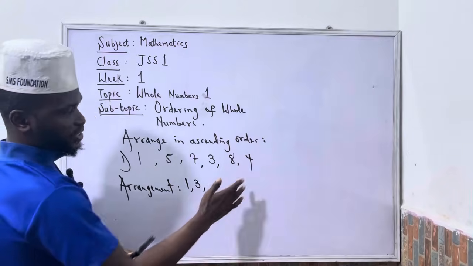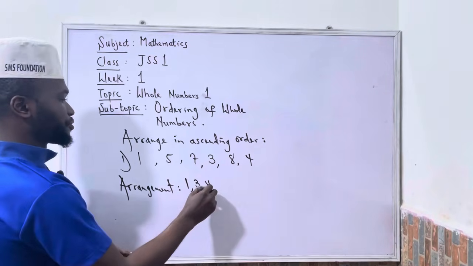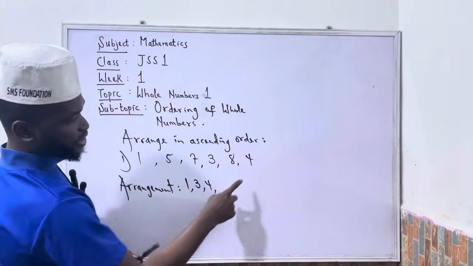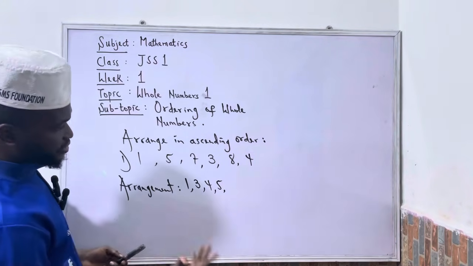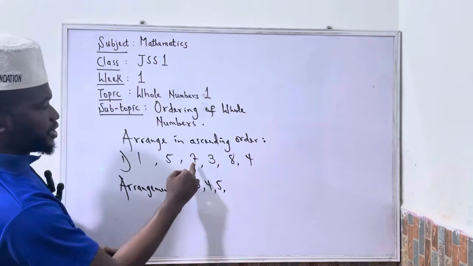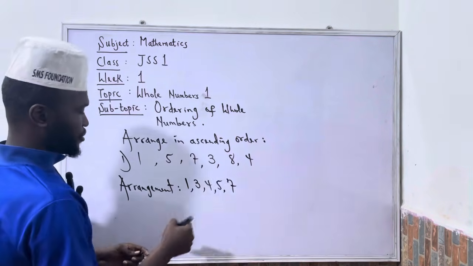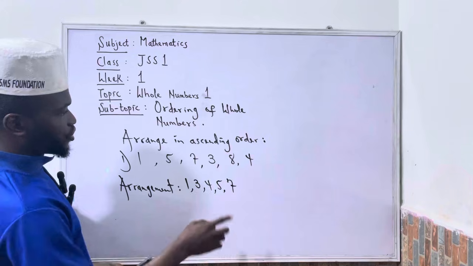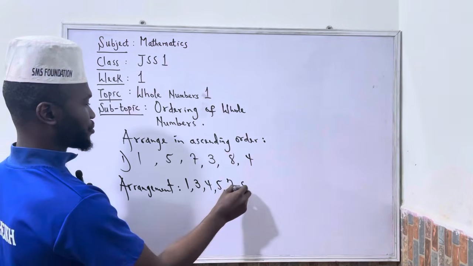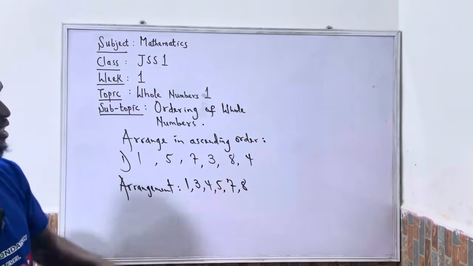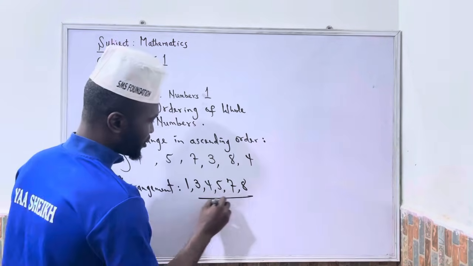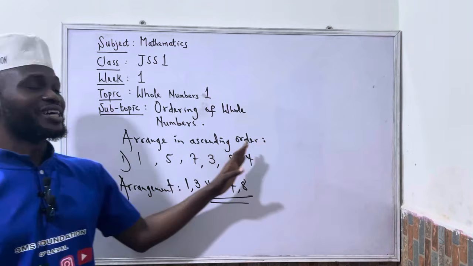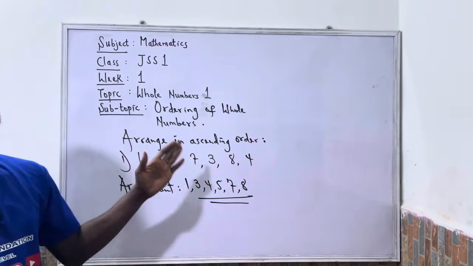The next one after that has to be 4. The next one after that has to be 5. Is there a 6? There is no 6 here, but the next one should be 7. And then the biggest one here has to be 8. We don't have any other one bigger than 8. So you can see how simple it is.